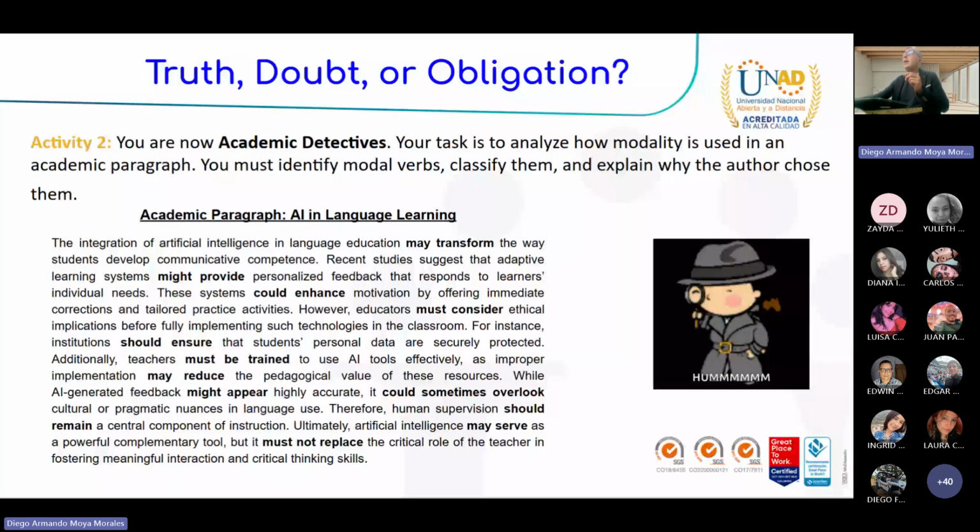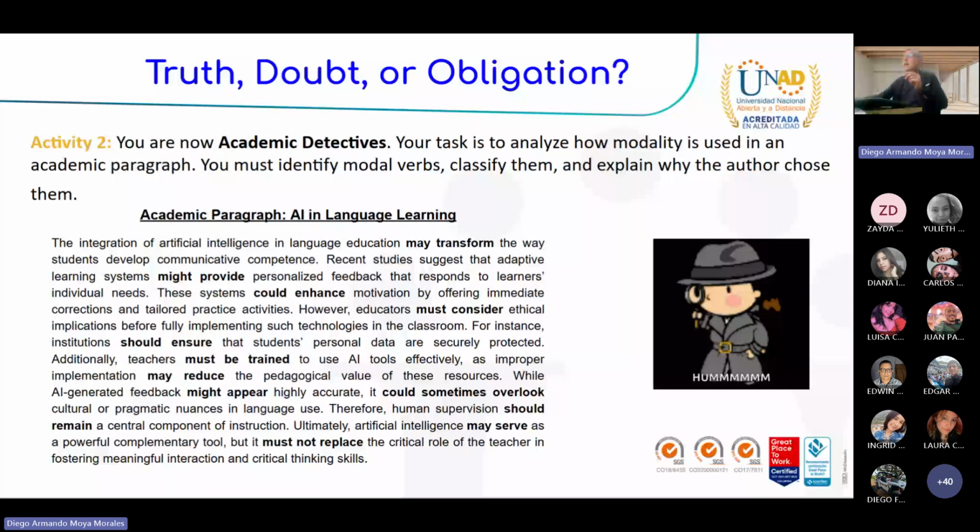And you are academic detectives. Your task is to analyze how the modality, remember, modality is when you talk about obligation or probability, is used in this academic paragraph.